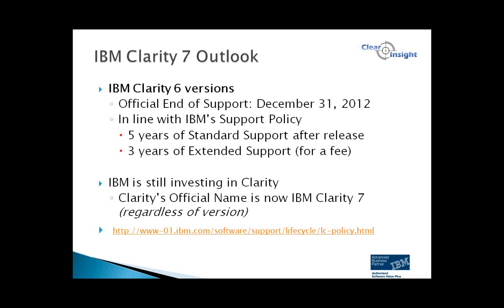If you hear IBM Clarity 7, it does not necessarily mean version 7, but that is the official name IBM has given to the product today. As per the title on this slide, we're looking at the IBM Clarity 7 outlook. There's a link that we can make available to you on the IBM website with additional discussions around the support policies on the different versions.